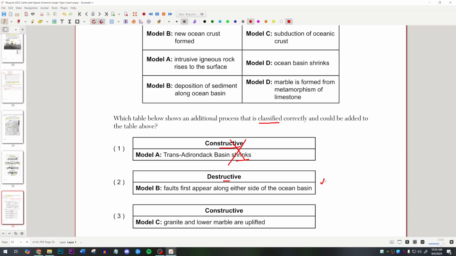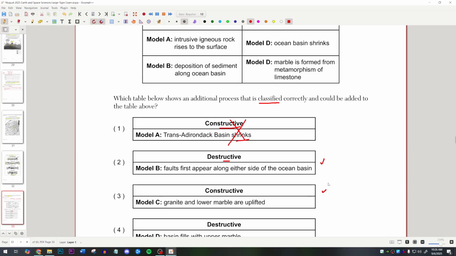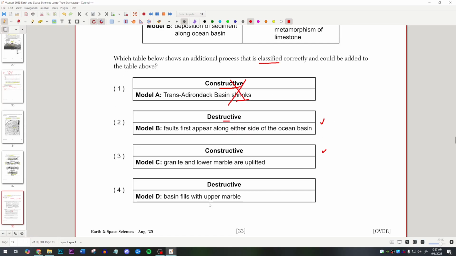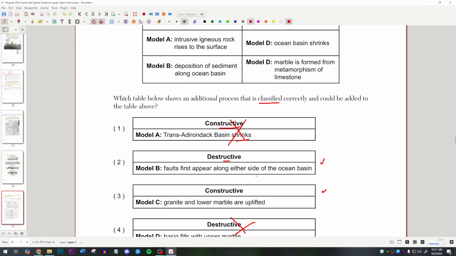That's possible. Constructive, granite and lower marble are uplifted. It's also possible. We'll think about that. Destructive, the basin fills with upper marble. That's constructive. Okay, so now we're between 2 and 3. Destruction, faults appearing.